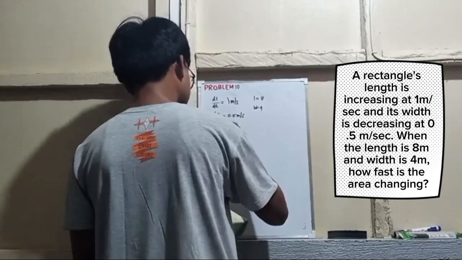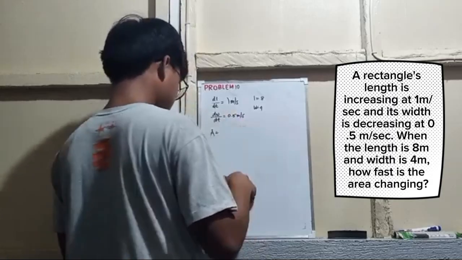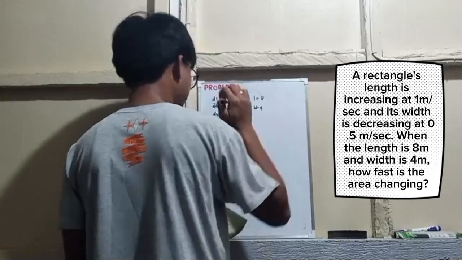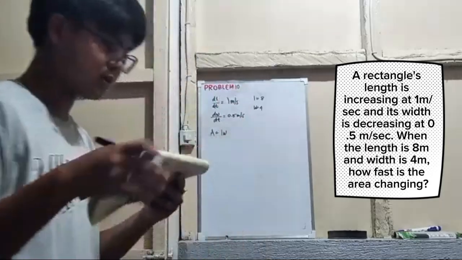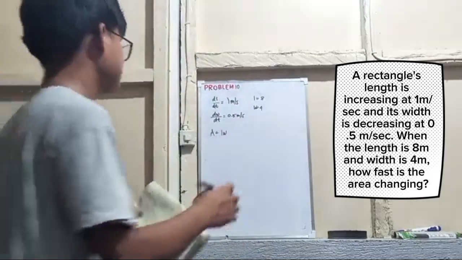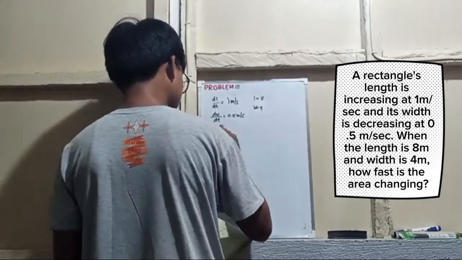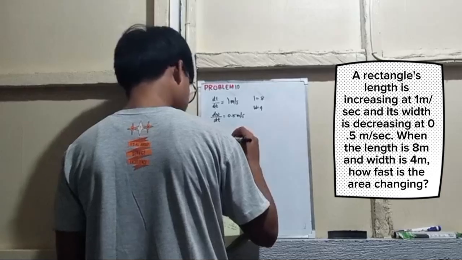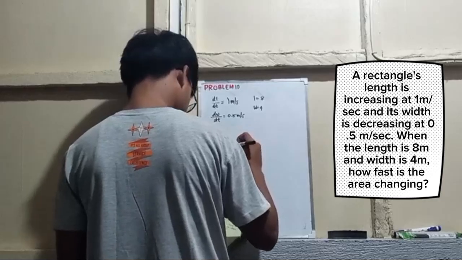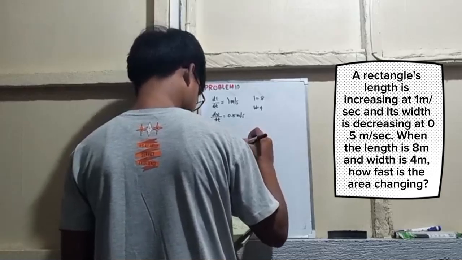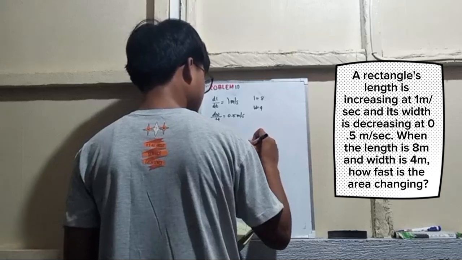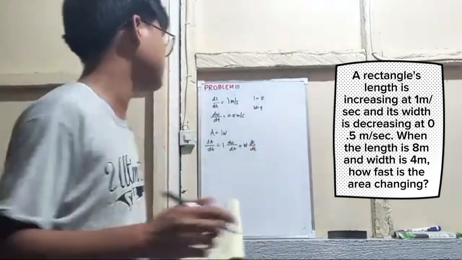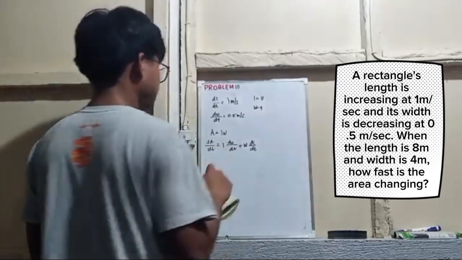So we'll proceed to the formula for the rectangle. A is equal to L times W. So differentiate the formula, we will get dA over dt equals L dW over dt plus W dL over dt. And now, we will substitute the givens into the formula.